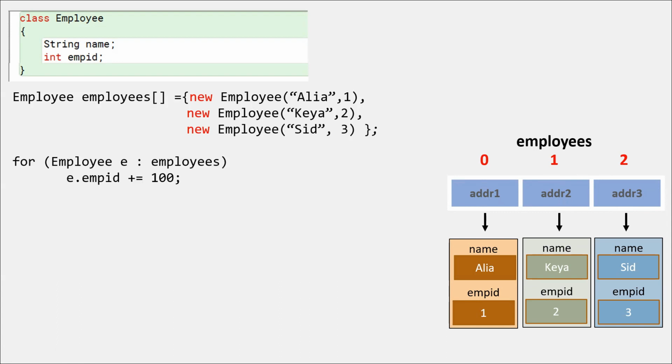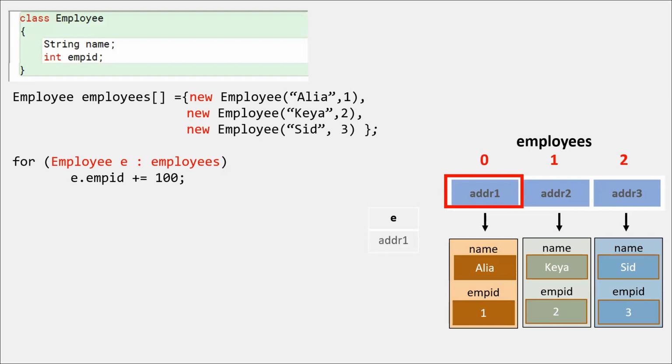Okay. Now, using the enhanced for loop, we are doing for employee in the array employees. What we want to do is change all the employee IDs. We want to increase all the employee IDs by 100. Okay. So, we start the loop. E is a local variable which will first point to the first element in the array, which is address 1.